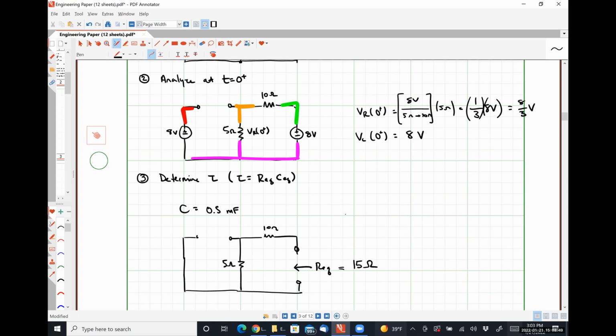And from this, tau is 15 ohms times 0.5 millifarads, which is 3/400 seconds.